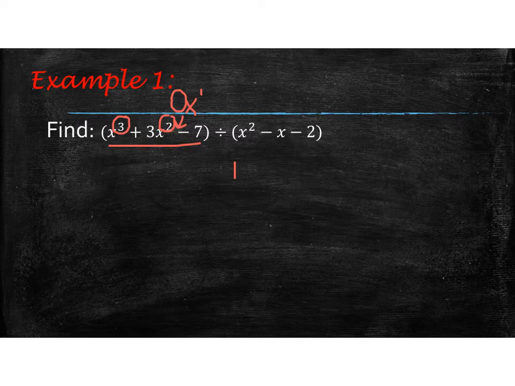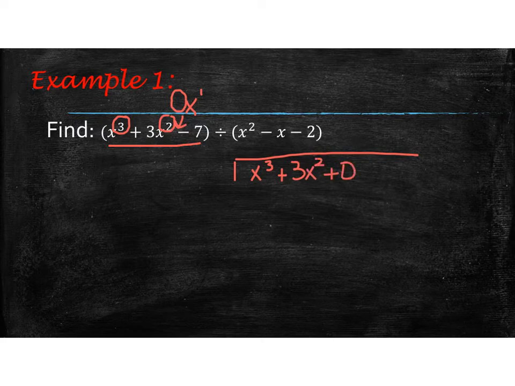So we're going to go ahead and write that whole thing under a division bar. So x to the third plus 3x squared. We're going to place the 0x to the first and then minus 7. We're going to divide it.